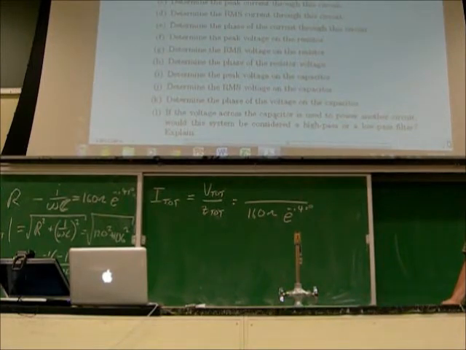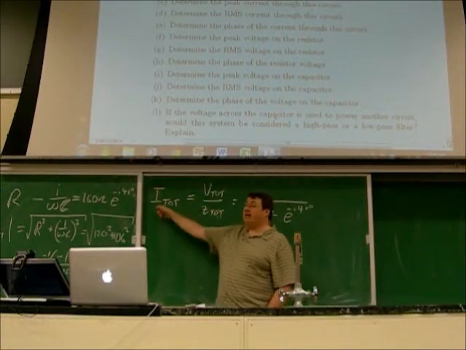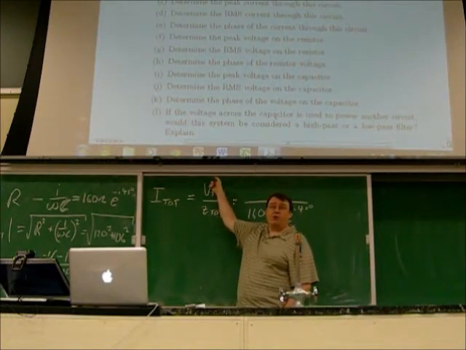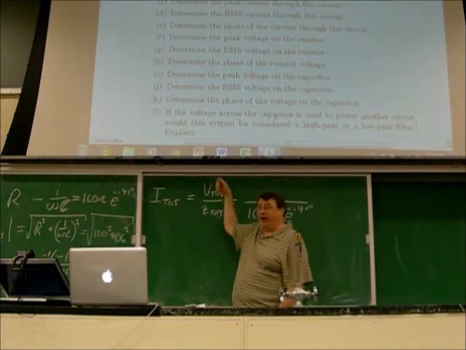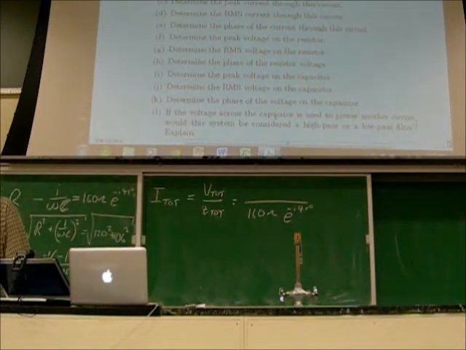Square root of 2. So if they gave me RMS, and I wanted peak, I would bump this by square root of 2 before I plugged it in. If, on the other hand, they gave me peak and asked for peak, then I'm in good shape.